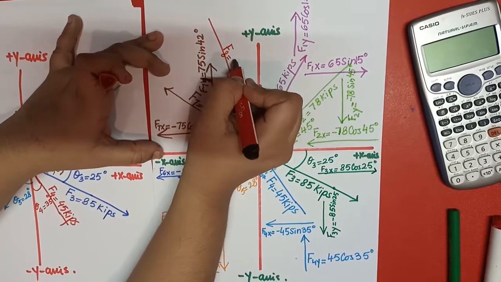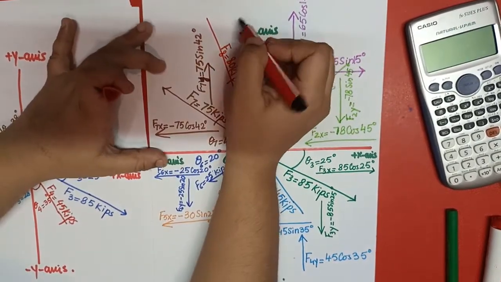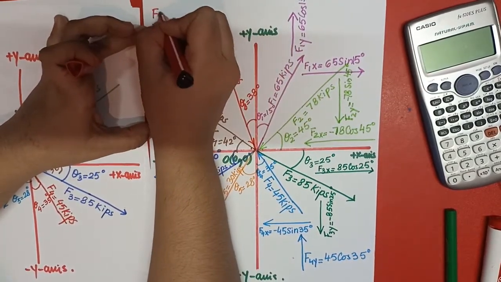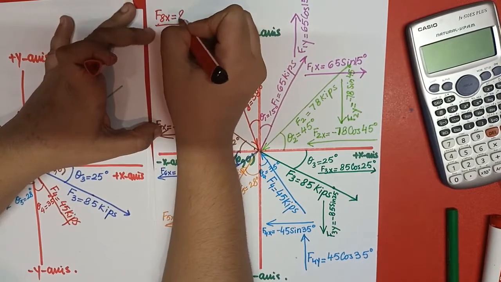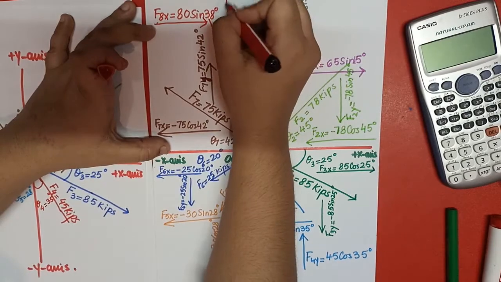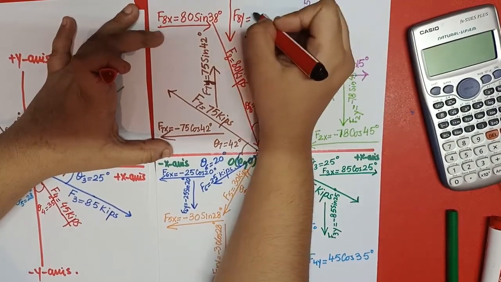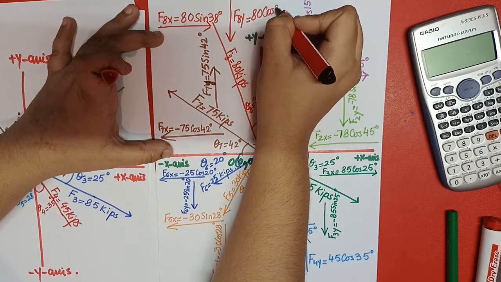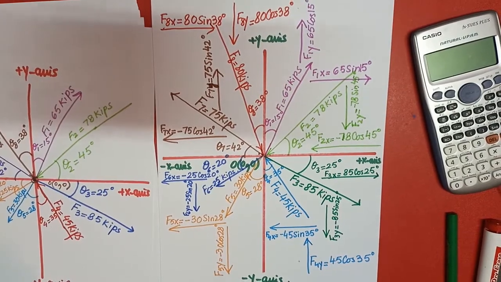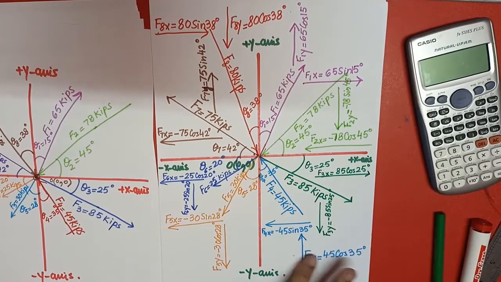F8 is equal to 80 kips, and its components will be like this. F8x is equal to 80 sine 38 degrees, and F8y is equal to 80 cos 38 degrees. So this is the way we can resolve the forces into their components. I think this is clear to all of you.